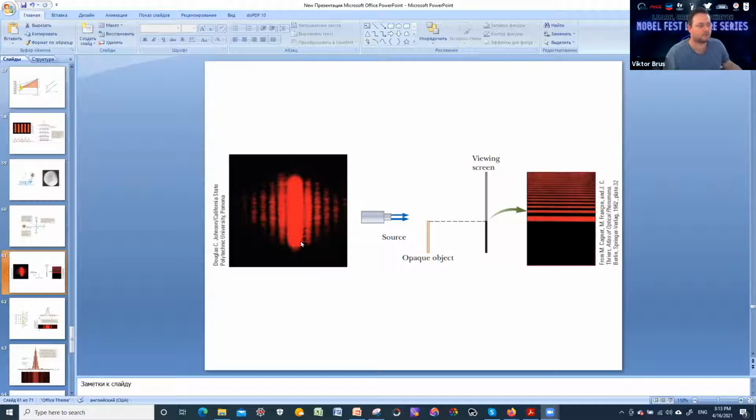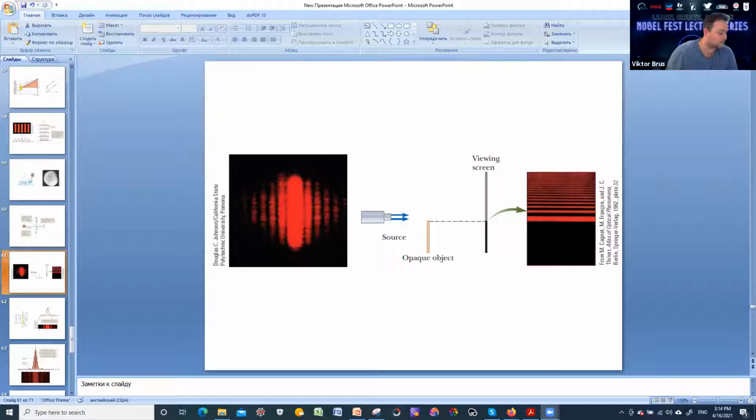Otherwise, according to ray optics laws, we should see only the projection of the slit, bright only where the area of the slit is projected on the screen. However, indeed, we see such patterns, which look like interference patterns. But we don't have two slits, we have only one slit, and it is not so clear what is going on there.